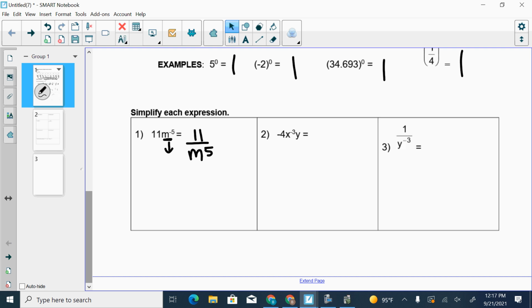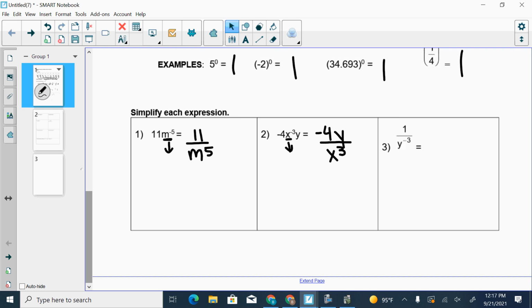Okay? On number 2, is the -4 being raised to any kind of a negative exponent? No. So am I going to move it? No. What about the x? So we're going to move it to, yes, the bottom. Yes. Nothing wrong with the y, so the y stays where it is.